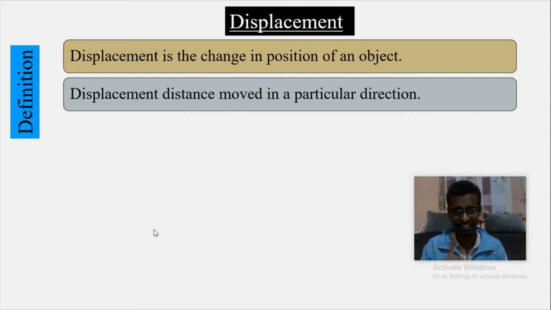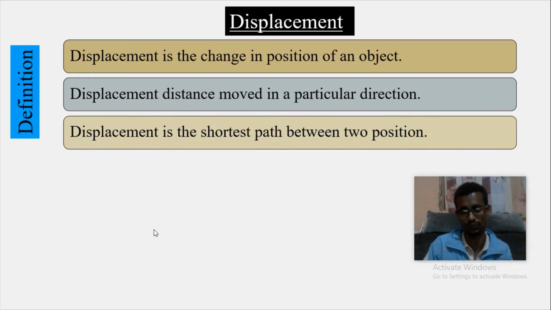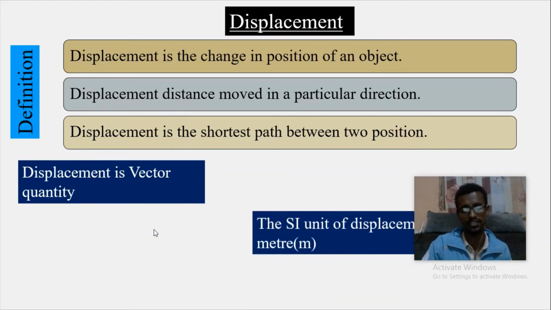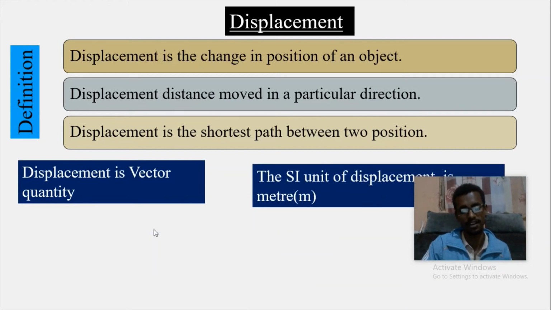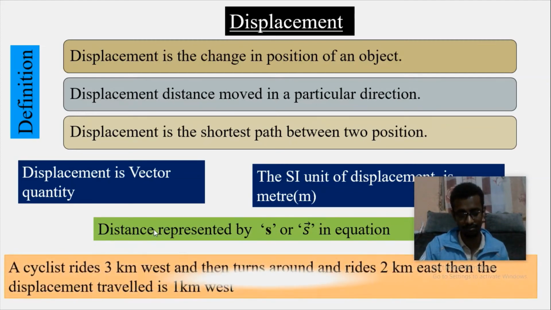The difference is here. For displacement, there must be a particular direction. So from this we can understand that it is a vector quantity. So we can say it's the shortest path between two positions. And it's a vector quantity, as we have said, and its unit is the same as distance, which is meter, and it is represented in equations by a bold letter or with an arrow.